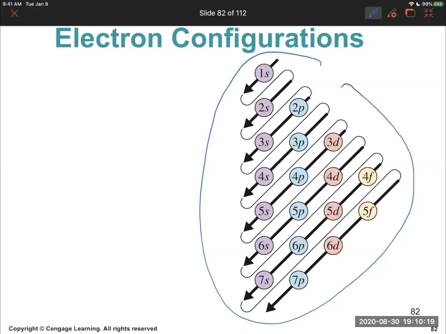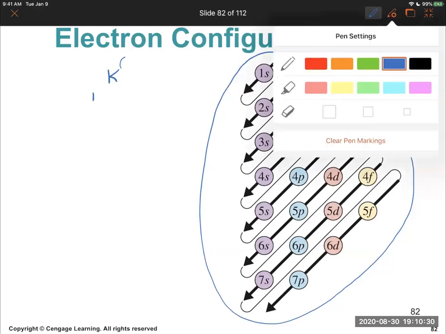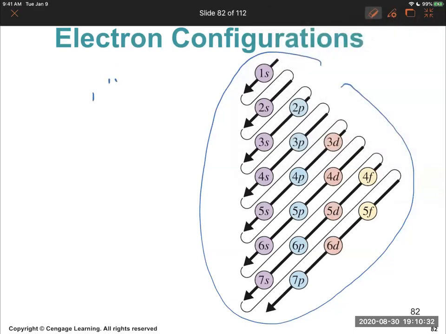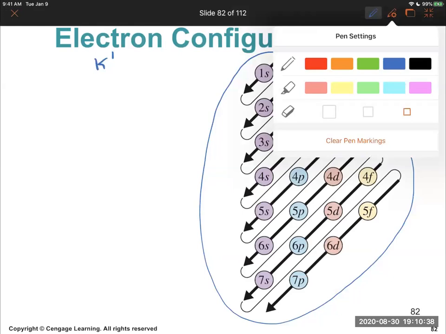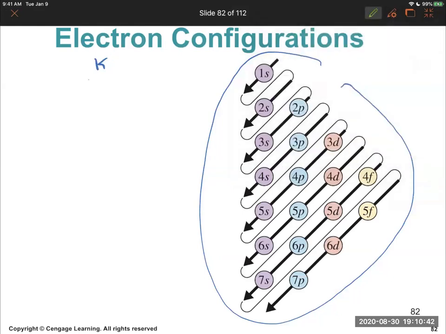Potassium is K, and it has no charge shown here. So potassium, no charge, means it has 19 electrons. If I ask you for the electron configuration, you start with 1s.